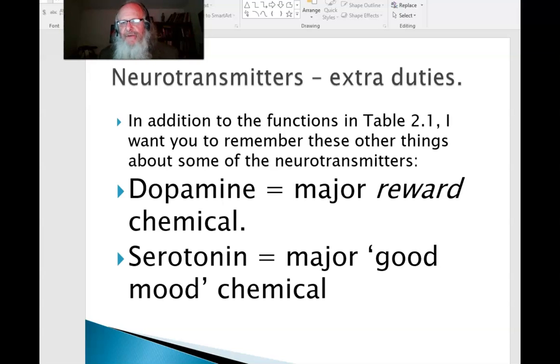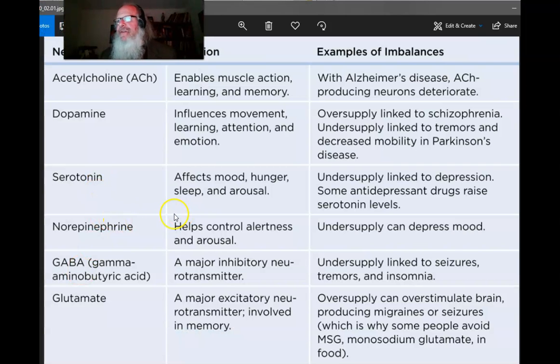Go back to our list of things that the different neurotransmitters do. Again, we see such a wide variety of effects. I'm highlighting mood, but we've also got hunger, sleep, and overall arousal.